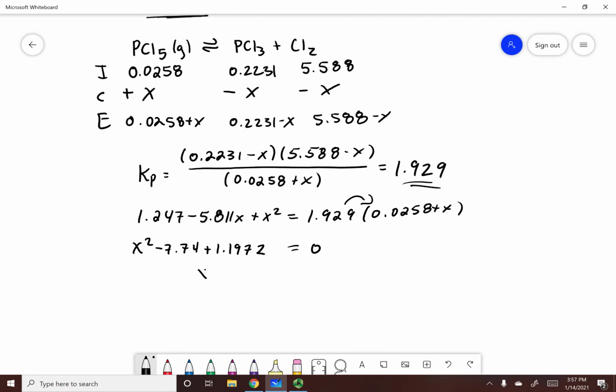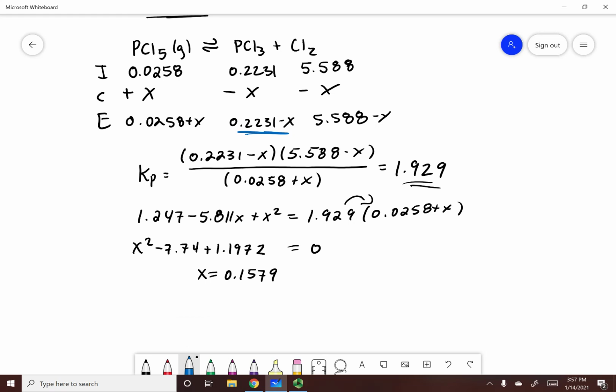This leads to an x value of 0.1579. Now the other x value is something that's 7.5, and you'll note that that does not make reasonable sense because you would have gotten a negative pressure, so we can go ahead and throw out that value.